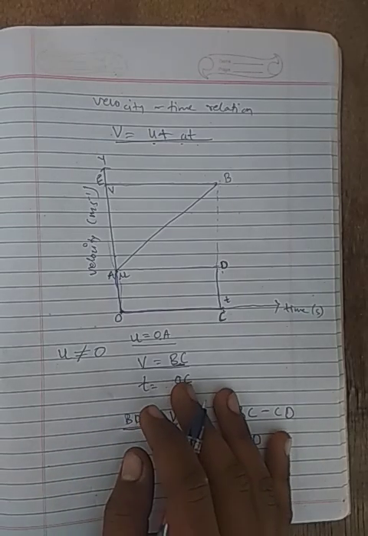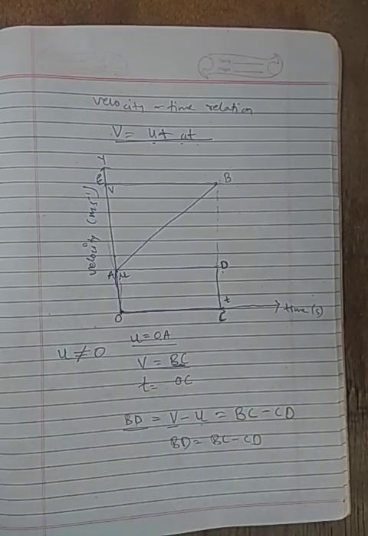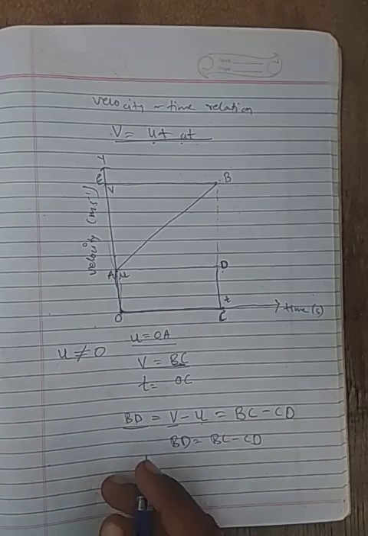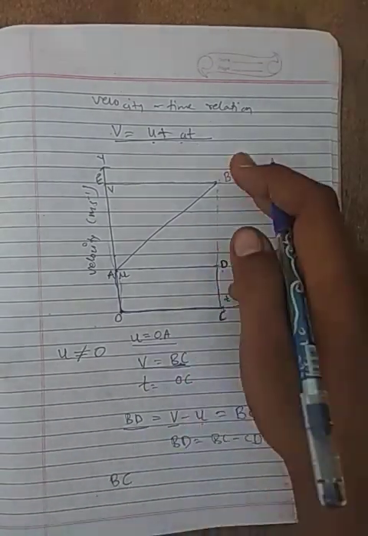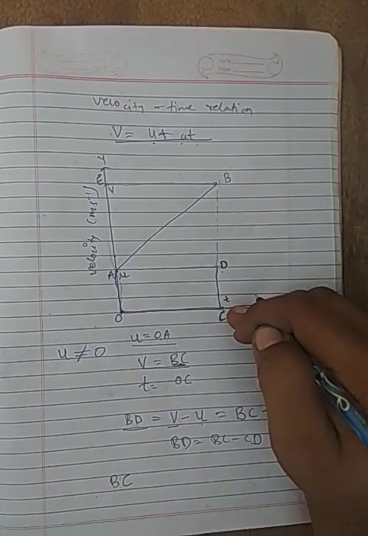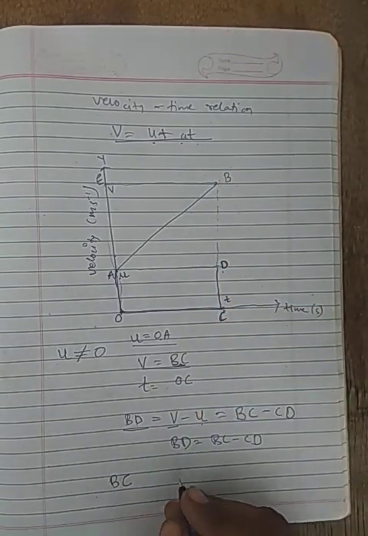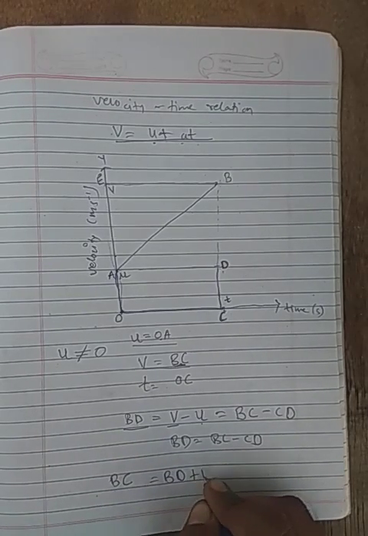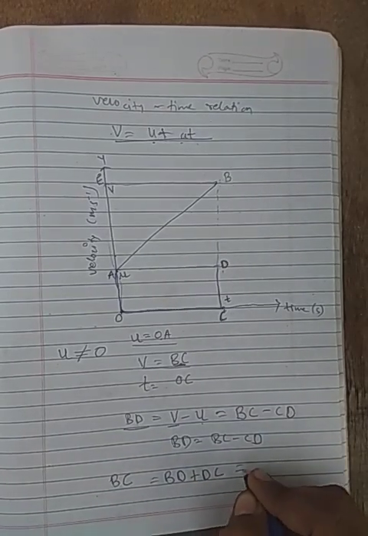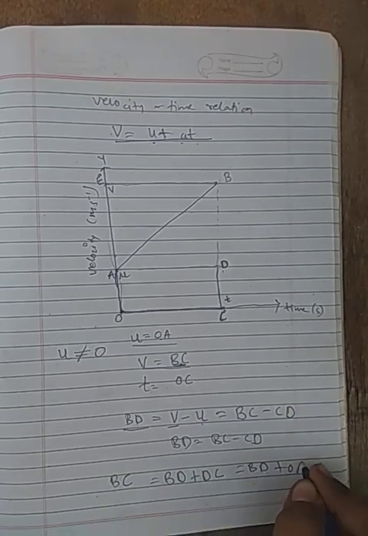So from this graph we can say that BC is equal to BD plus DC, which is BD plus OA.